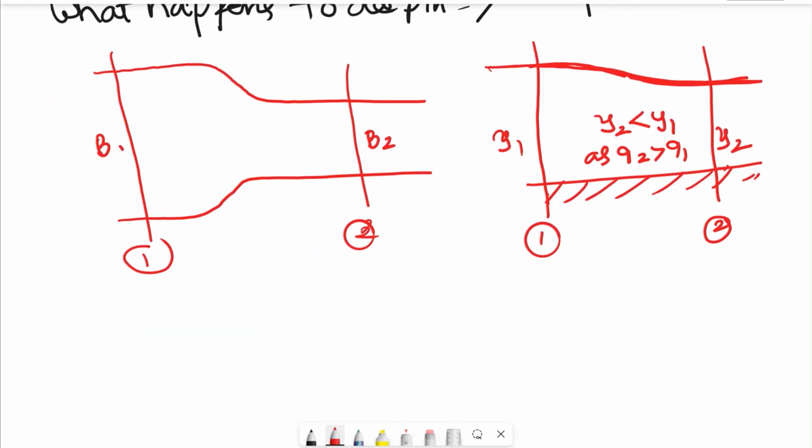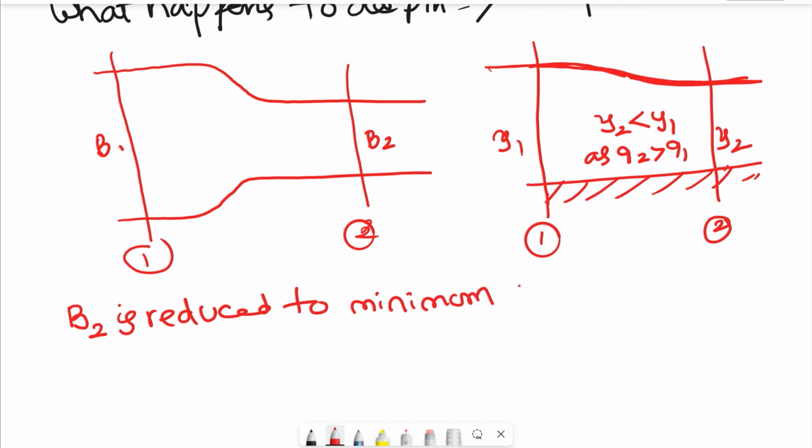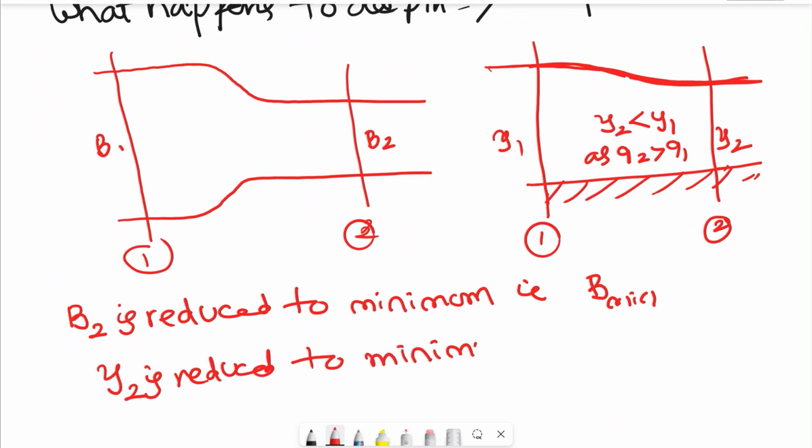Now, what we will do practically in the problems is that B2 is reduced to the minimum, that is B minimum. When B2 is reduced to B minimum, what will happen? The Y2 is reduced to the minimum depth, which is equal to YC.